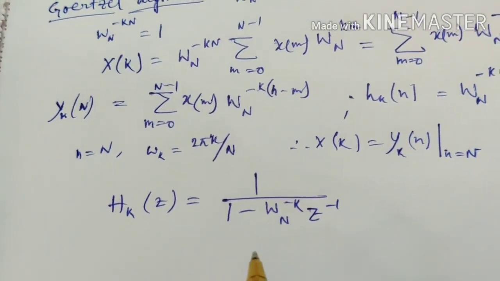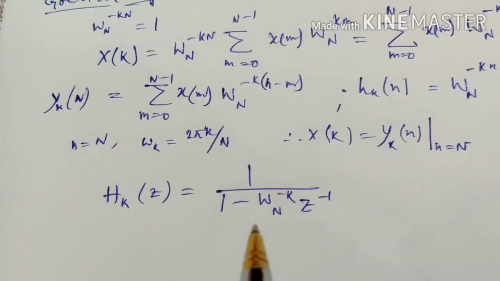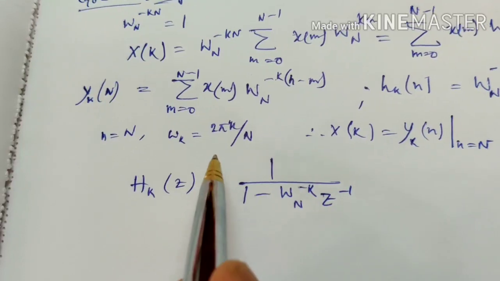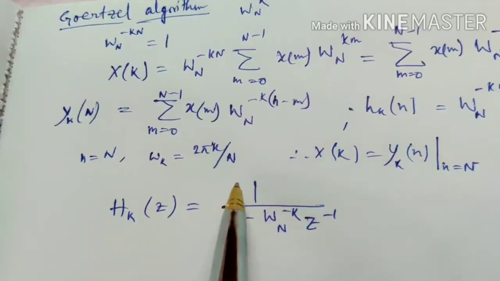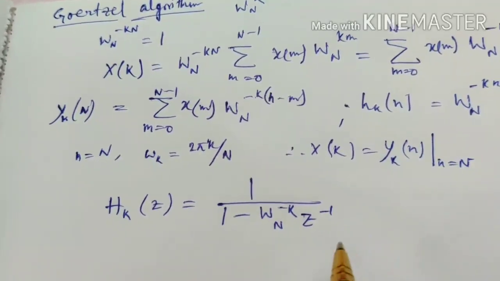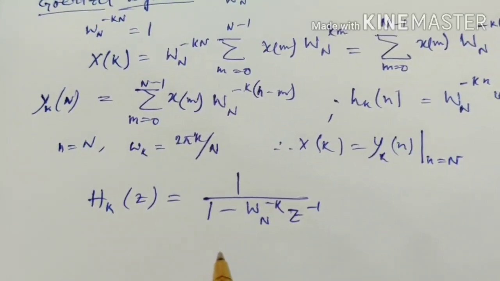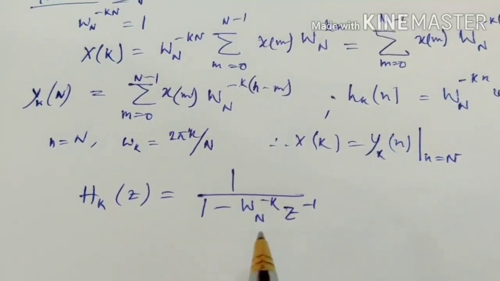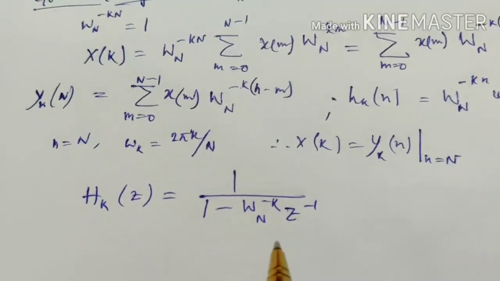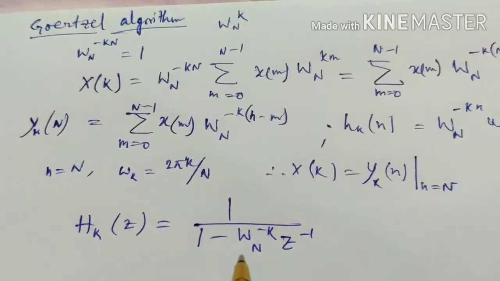So this filter has a pole on the unit circle at frequency omega_k, that is 2 pi k by N. Thus the entire DFT can be computed by passing the block of input data into a parallel bank of N single pole filters, that is resonators, where each filter has a pole at the corresponding frequency of the DFT.